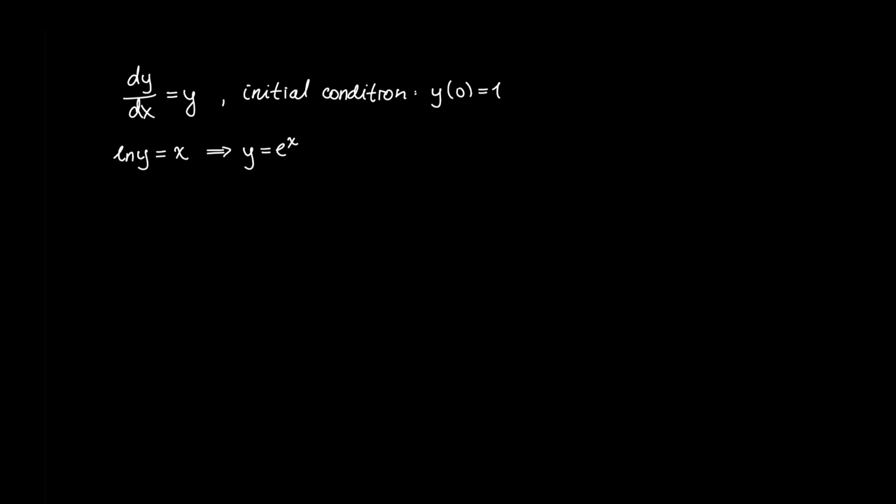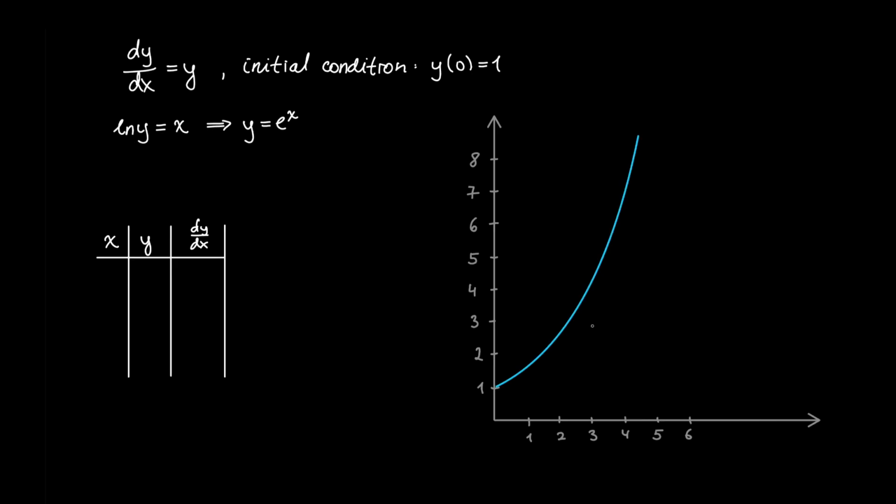So let's visualize this on a graph. Here we have a graph of the function e raised to the power of x. Next, let's build a table with 3 columns, namely x, y, and dy/dx. Now, since we're given an initial condition where y of 0 equals 1, I can put that into the table.